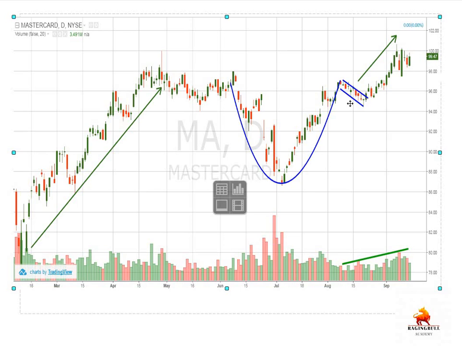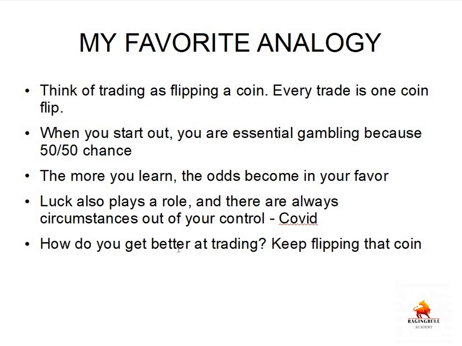My favorite analogy, think of trading as flipping a coin. Every trade you take is one coin flip, and the chances are 50-50. You're essentially gambling. People say, hey, we're not gambling. If you have zero knowledge and you're just following, 100% you are gambling.